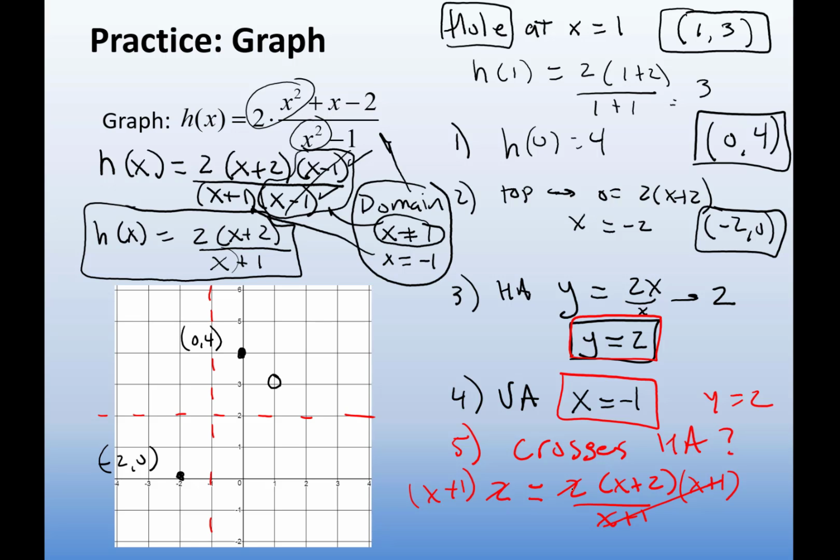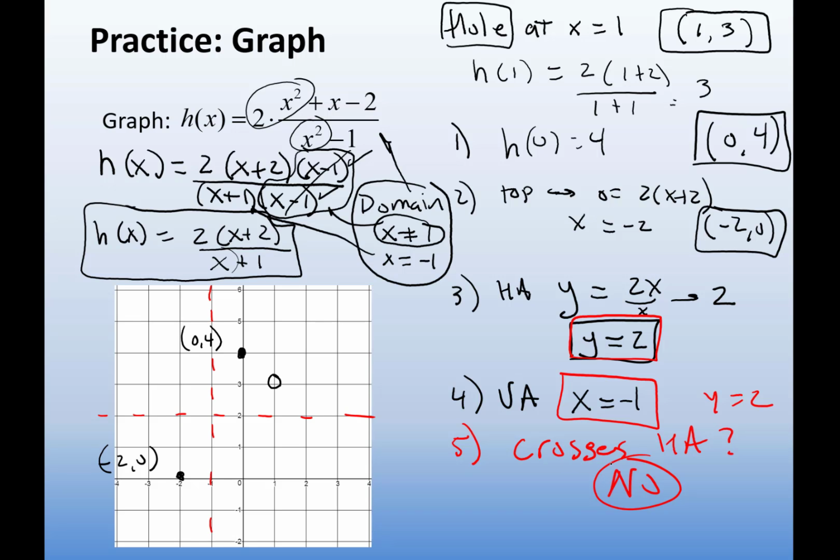Those cancel. The 2's cancel. So x plus 1 would have to equal x plus 2. And if we keep solving this, I'm going to run out of time. But it says 1 equals 2 because all the x's cancel if I subtract x on both sides. That's impossible. So, made a mess there. But I did a quick check to find out, hey, that it doesn't cross. So that's going to make graphing really easy. No crosses.